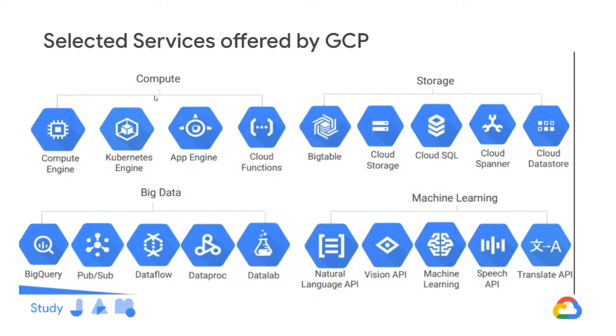And during labs in this event series, we've used Compute Engine, Kubernetes Engine, App Engine, Cloud Functions, Cloud Storage, Cloud SQL, Cloud Datastore, some of the machine learning ones in Quests, especially last year, and BigQuery, PubSub, Dataflow, Dataproc.